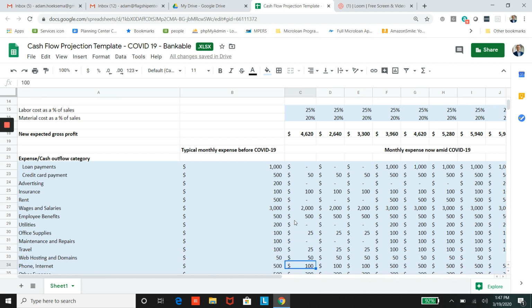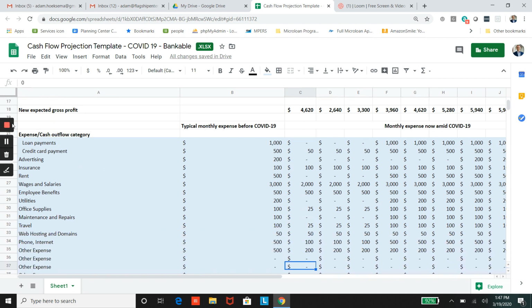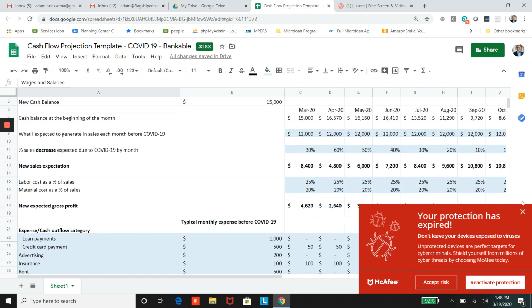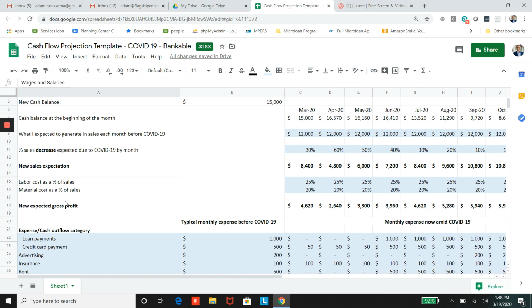Now we're going to jump down into just your monthly expenses and cash outflows. So at the top here, we've just got some arbitrary categories here: loan payments, credit card payments, advertising, insurance, rent, wages. So now this is a key point. These wages and salaries would be separate from your labor up here, and so you don't want to double count.